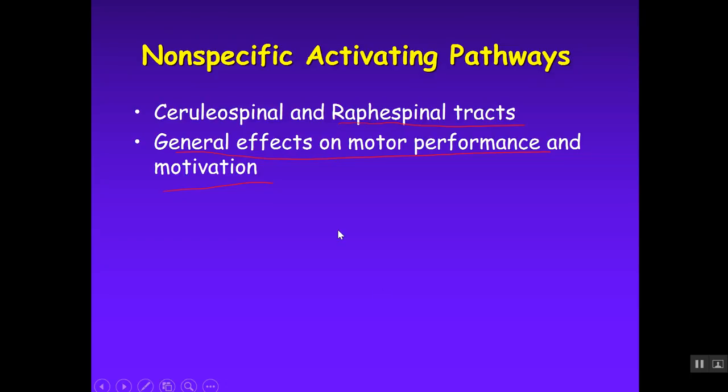When people are in the zone, they're probably in the zone because that moment or that day, they did a good job of making sure these tracts didn't get in the way of their motor output. Everything seems smooth because these are regulating in the right way. They're not overactive or underactive. And you wish there was a way you could predict that. Practice helps. Putting yourself in those stressful situations over and over again helps. But even the greats can still have a bad day where these tracts get the best of them.